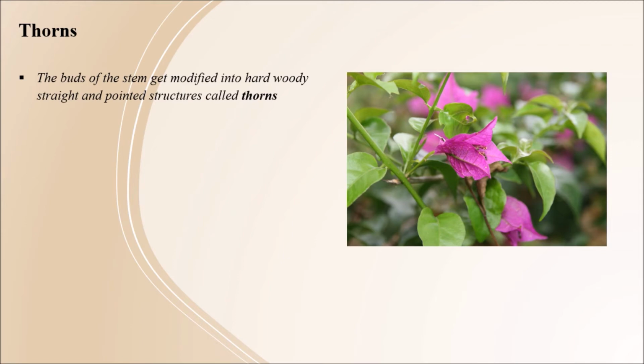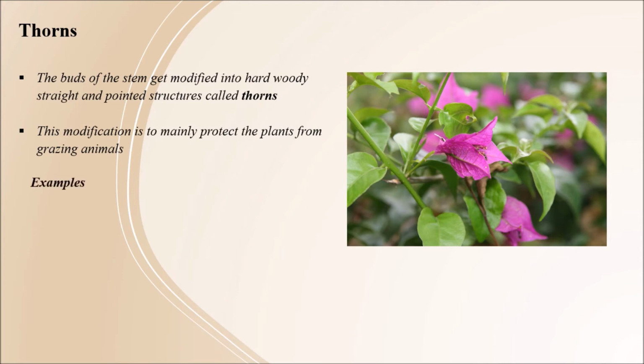This modification is mainly to protect the plant from grazing animals. That is the reason why thorns are developed by the stems. Examples: we have citrus and bougainvillea.